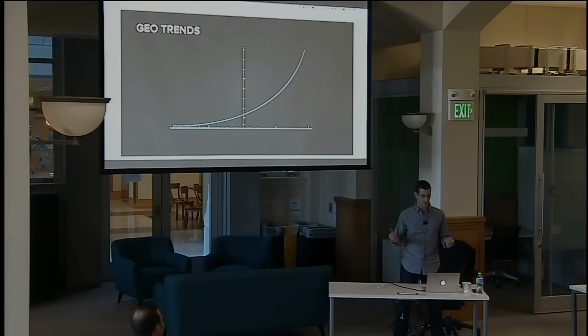So I call this internally a tsunami of geodata. In the last few years, there's been not one order of magnitude, but several orders of magnitude increase in the amount of location data that companies are generating, streaming, storing, and collecting.